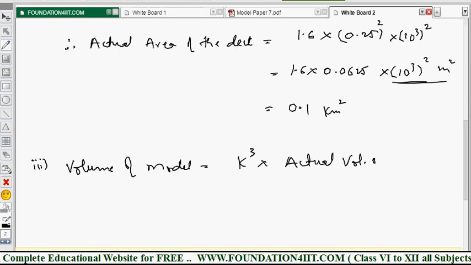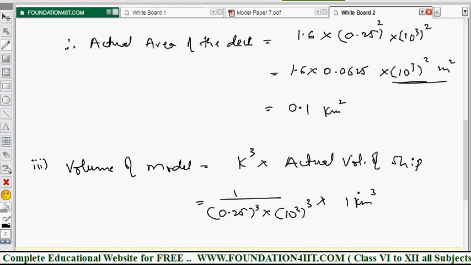Actual volume of ship, that is given already here, that is 1 by 0.25 cube into 10 power 3 whole cube into actual volume of the ship is 1 cubic kilometer.